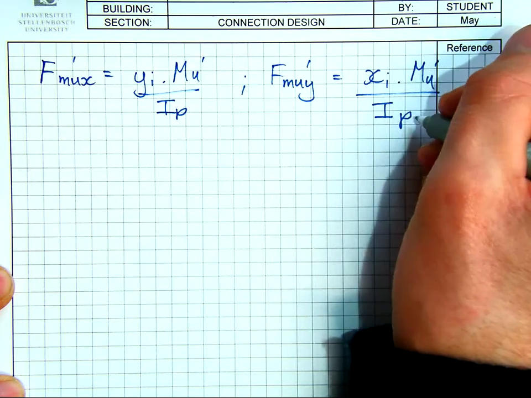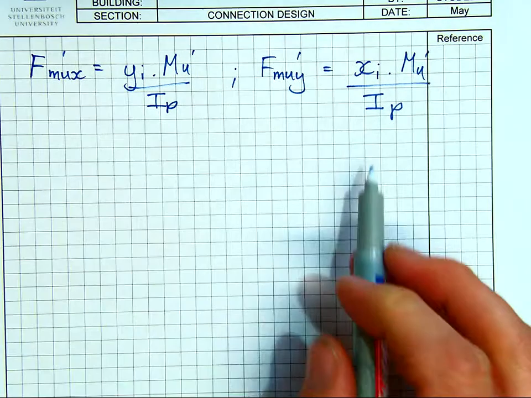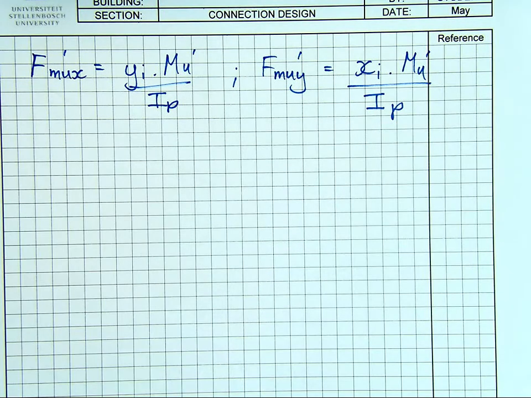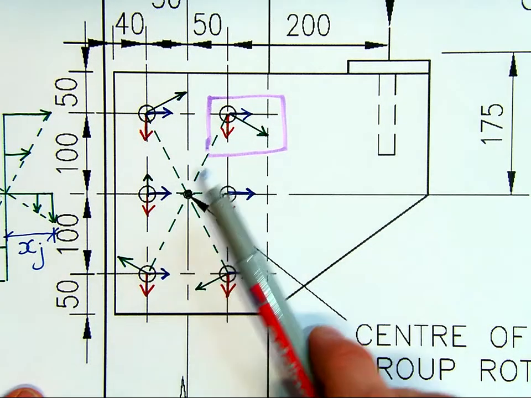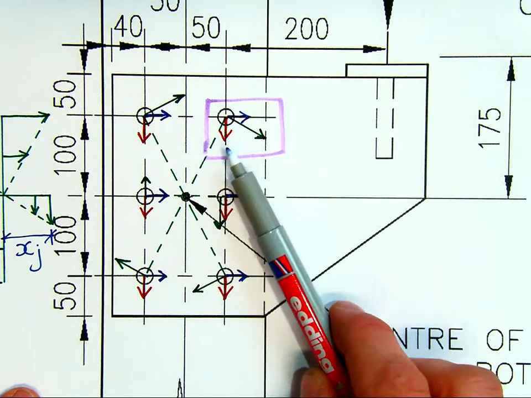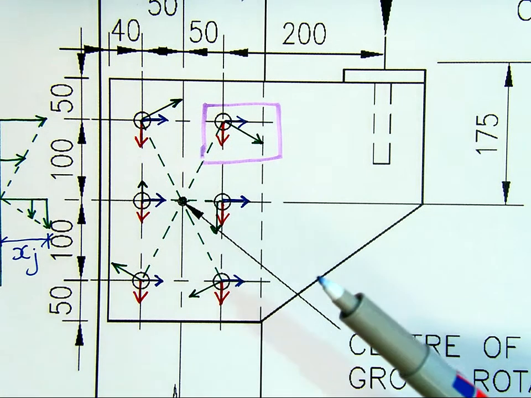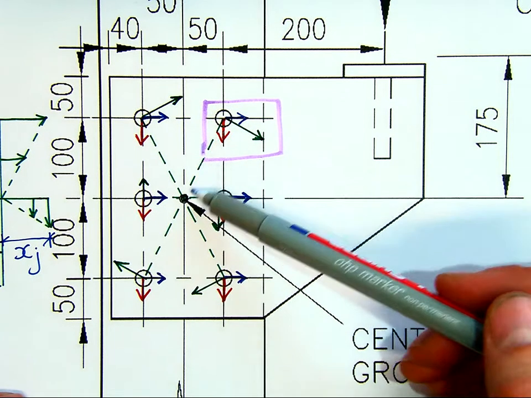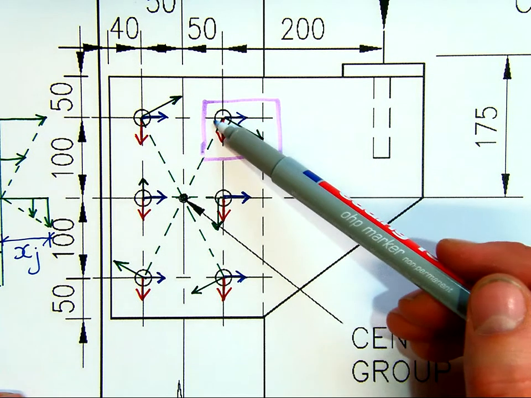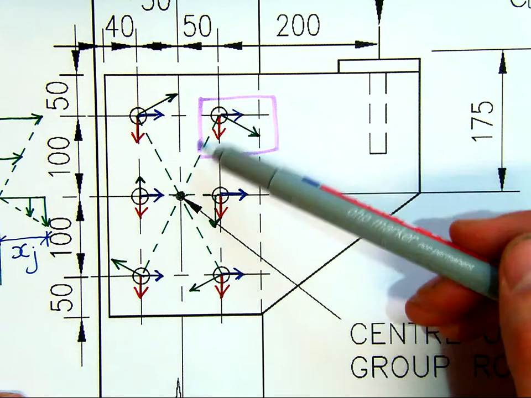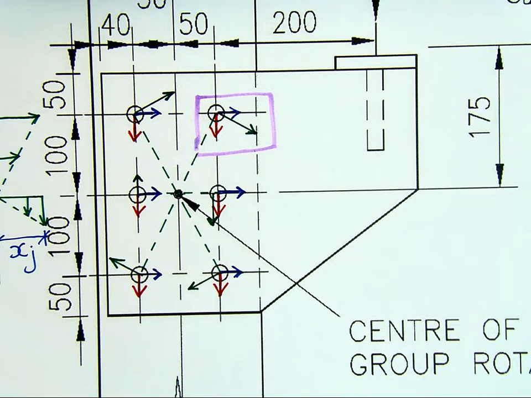And this is linked to the polar moment of area, IP. The polar moment of area quantifies the stiffness and the influence of where the bolts are. Because as the bolts get further away from the center of rotation, they have a greater influence. They are much stronger because the maximum force per bolt remains the same per size, but as it gets further, the lever arm increases, so that is beneficial for us.